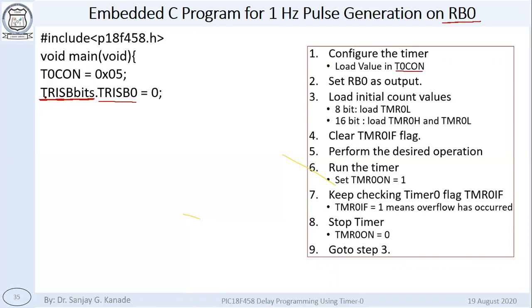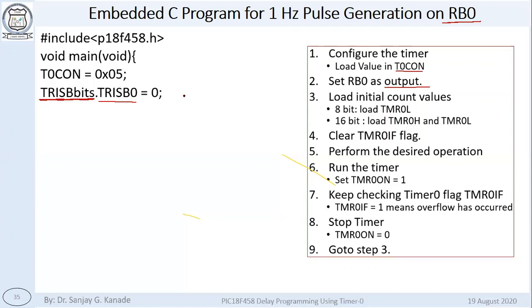That is how we can access any bit in this microcontroller, and this value 0 corresponds to the setting of output. So using this statement, our RB0 pin will be configured as output pin, meaning we can send a 0 or 1 value to the RB0 pin.